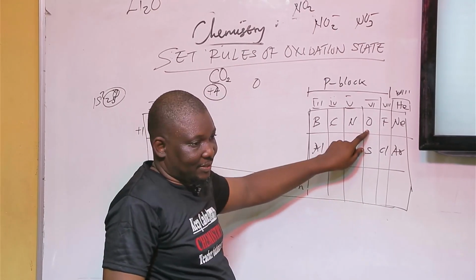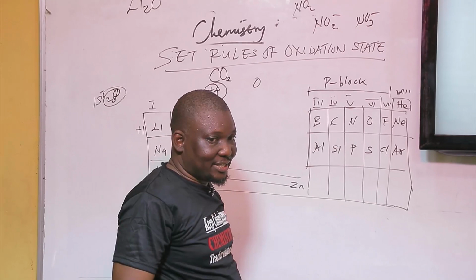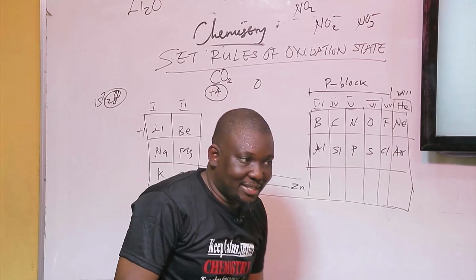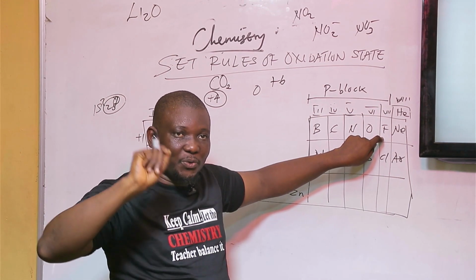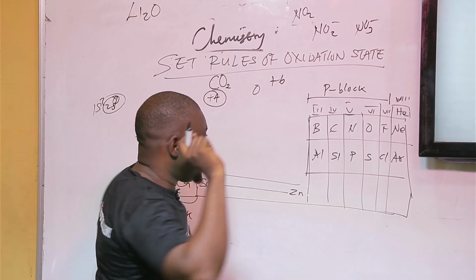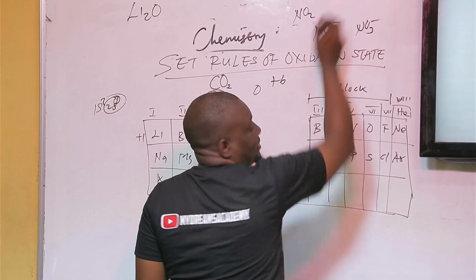Apart from oxygen, those in group 6 will stop at +6. Then those in group 7, apart from fluorine, the only oxidation state of fluorine is minus 1.